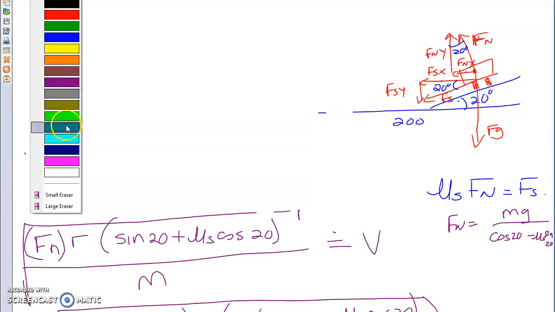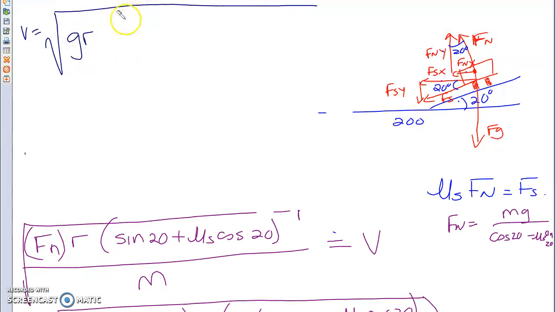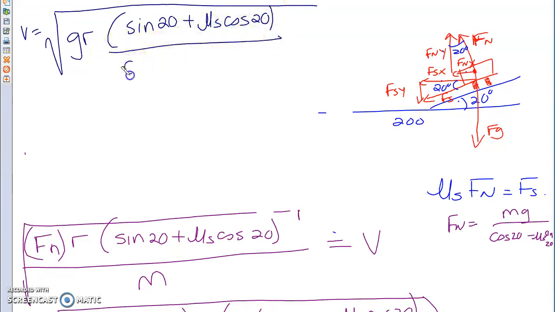So when we rewrite it, this is what it's going to look like. It's going to be v equals the square root of gr times sine 20 plus mu s cos 20 divided by cos 20 minus mu s sine 20.